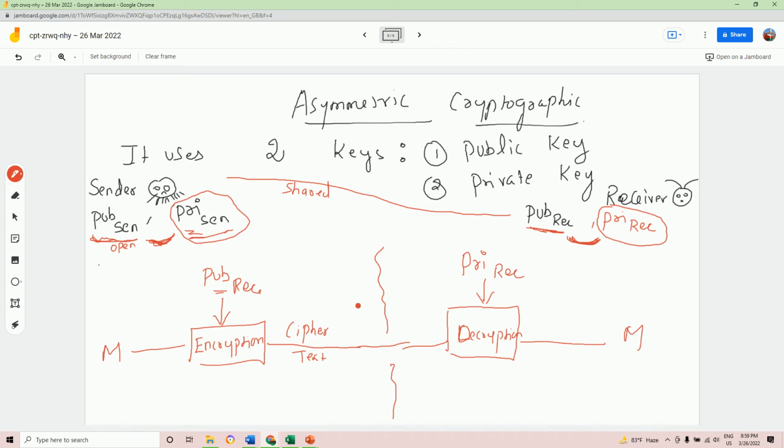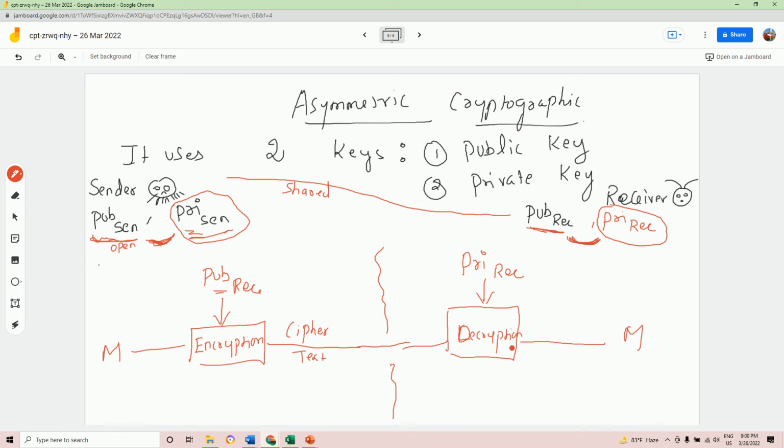Okay, students, please understand, you have the message. That message is encrypted using the public key of the receiver. You can ask how the sender knows the public key of the receiver, because the receiver shared his or her public key with the sender. Using that, the message is encrypted.